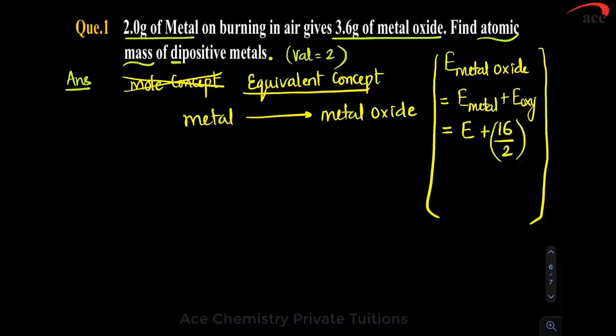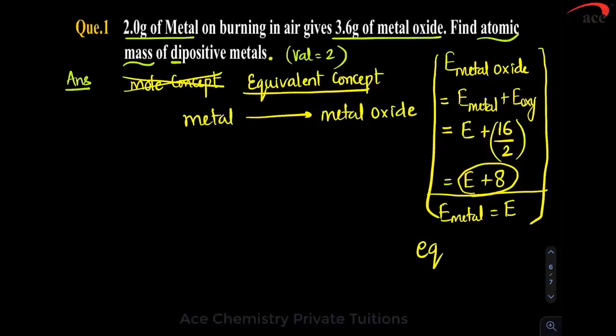Let the equivalent mass of metal be E. What about oxygen? It will be atomic mass upon valency, that is 8. So remember, equivalent mass of metal is E and equivalent mass of metal oxide is E plus 8. You should also know small eq, which is called gram equivalent, given by the formula mass upon equivalent mass.